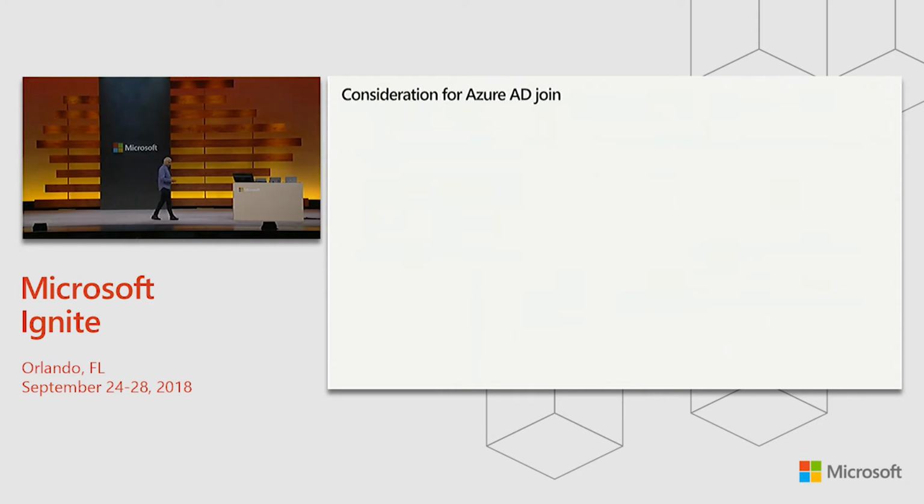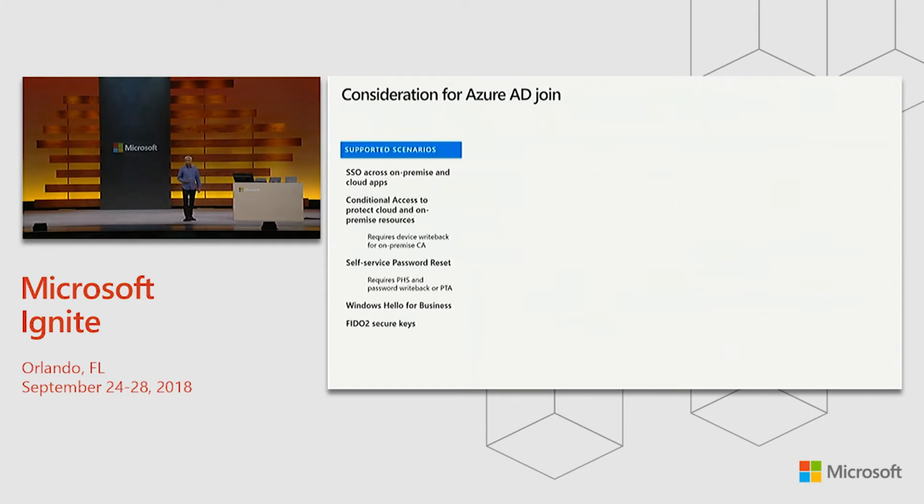Just a few considerations when you decide to do Azure AD join. The supported scenarios are definitely: you get SSO across both on-premises as well as cloud applications. You get to leverage conditional access if you have an Azure AD P1 license.